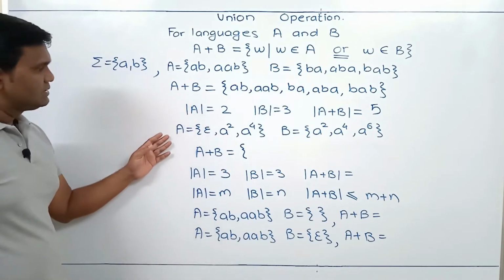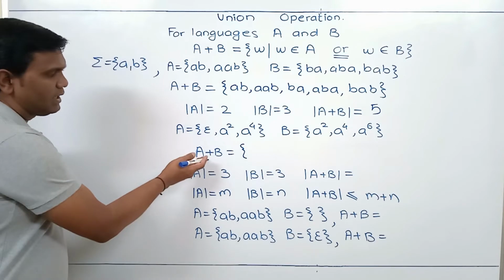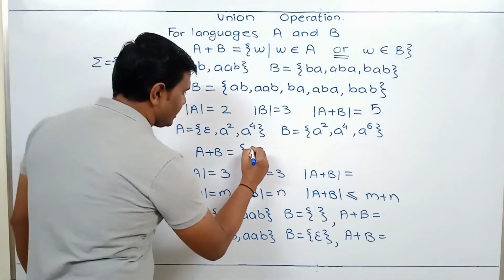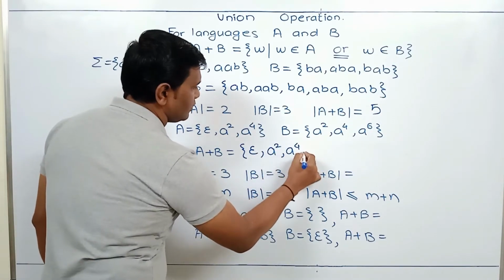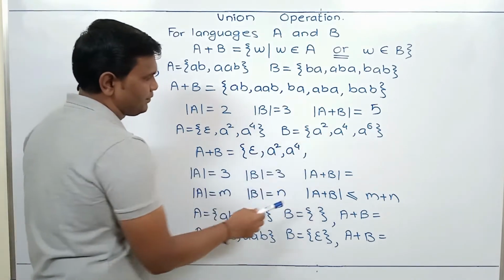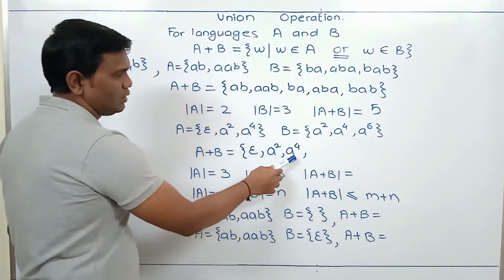In this next example, this is A, this is B. When we calculate A + B, or A union B, from A we get epsilon, A power 2, A power 4. From B, A power 2 is repeating, and A power 4 is also repeating.